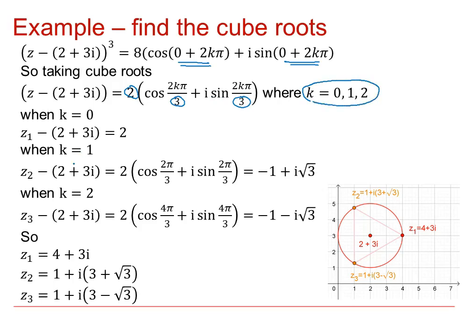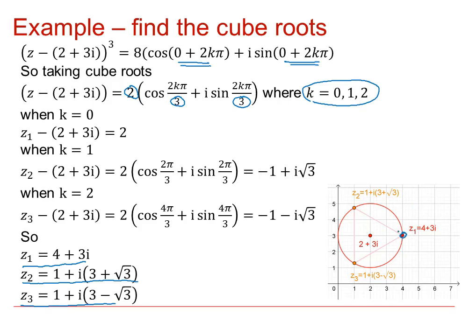When k was 0, we got the solution we were given originally. When k was 1 and we rearranged for z, we got the second solution, and when k is 2, we got a third solution. And we can see those on the diagram.